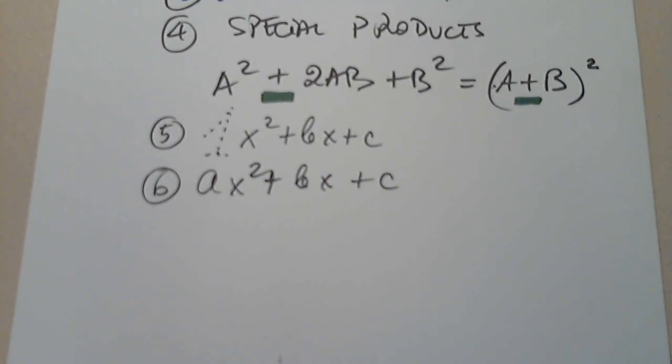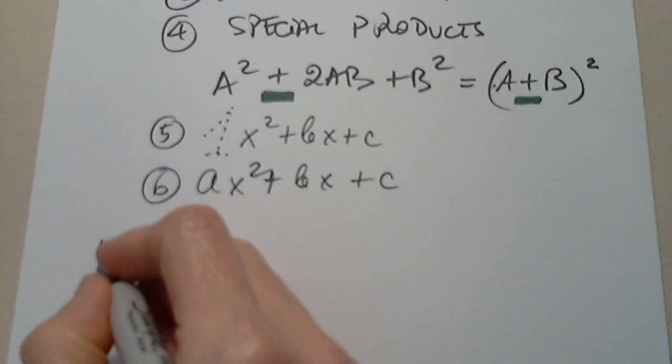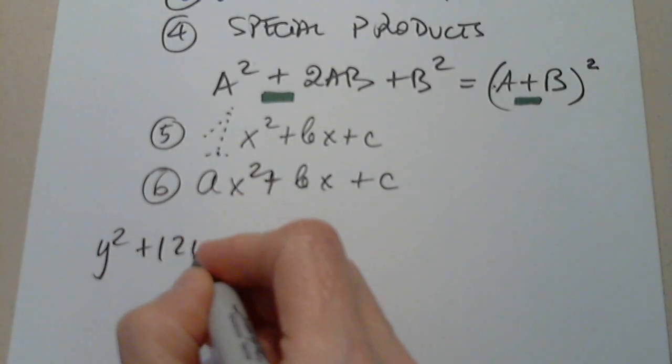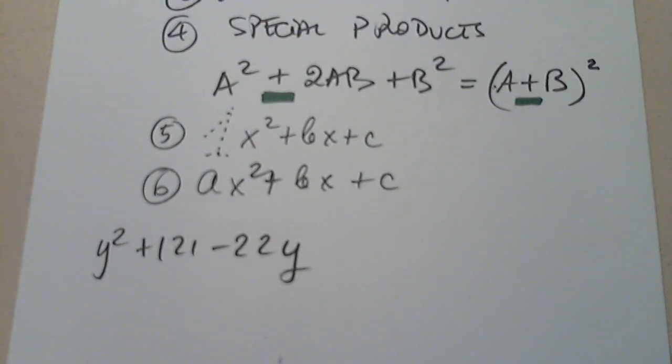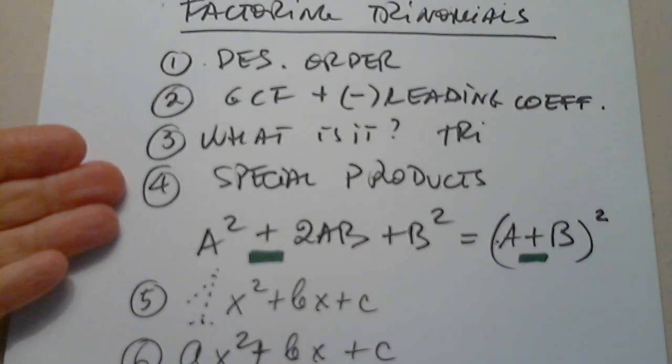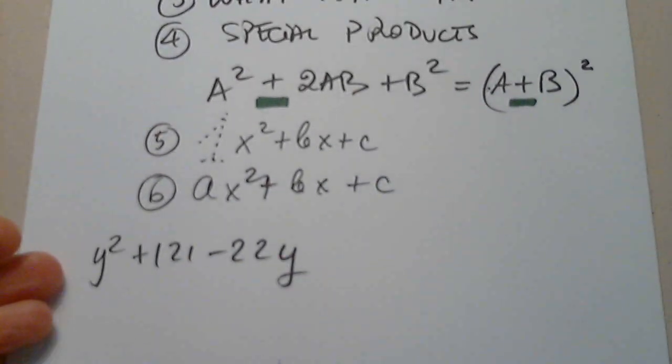Let's look at examples. Here they are. Let's start with y squared plus 121 minus 22y. Okay. Do not skip any of the steps, please, ever.